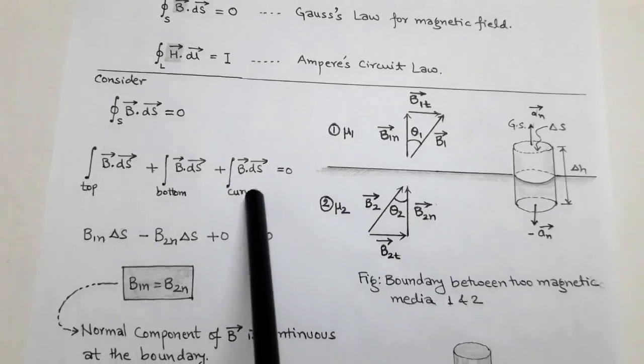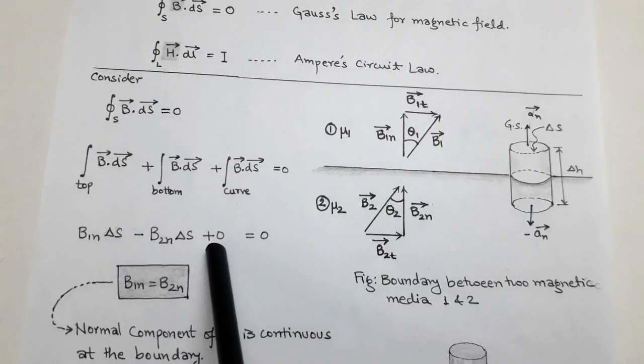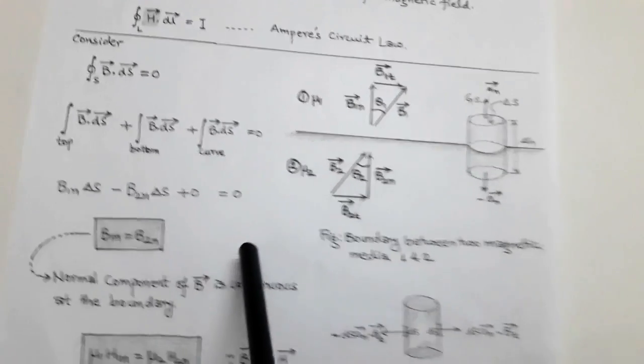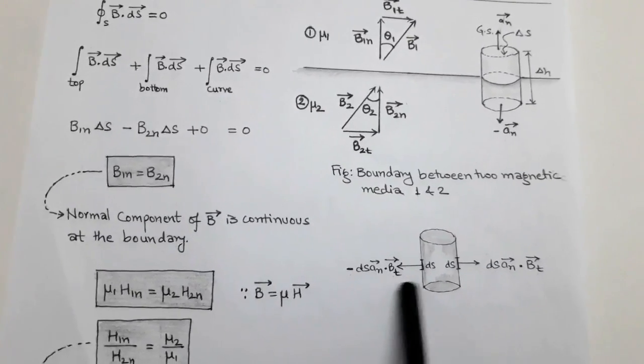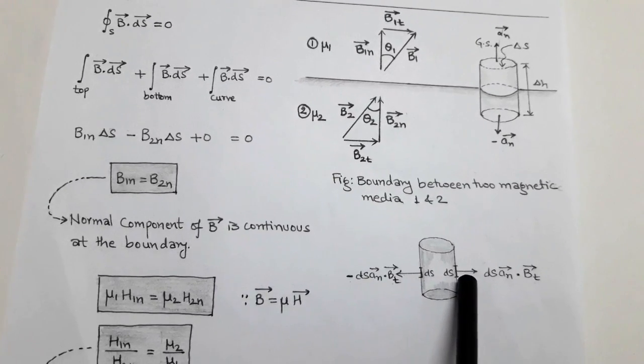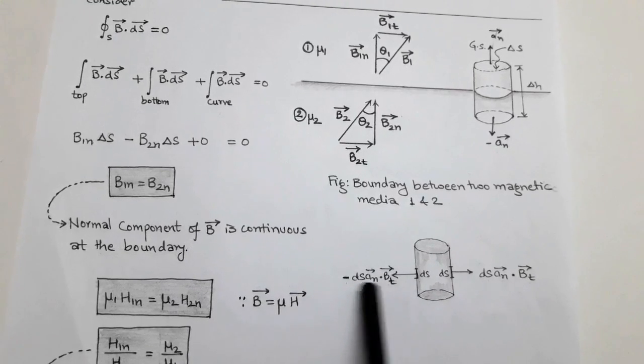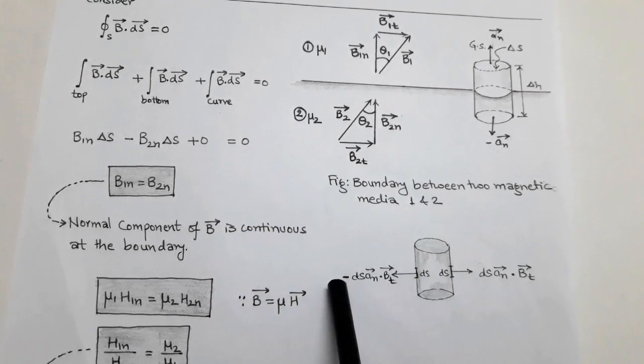And the third integration, that is the surface integration of the curved surface, is 0, because as we take a differential surface on the curved surface, we find that it has an equal and opposite differential surface which has a negative value.